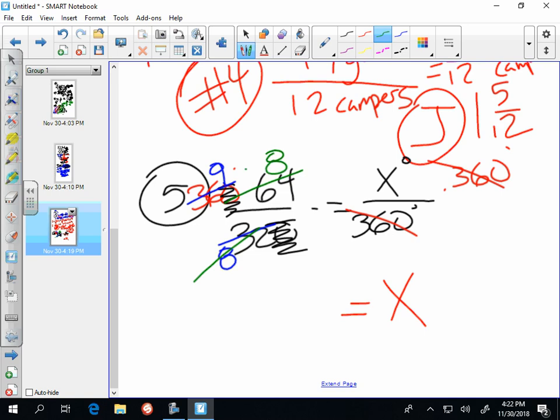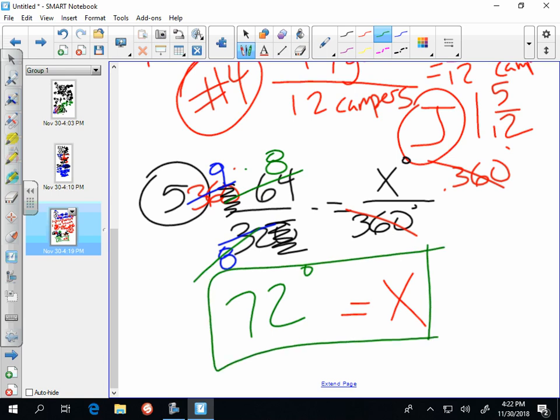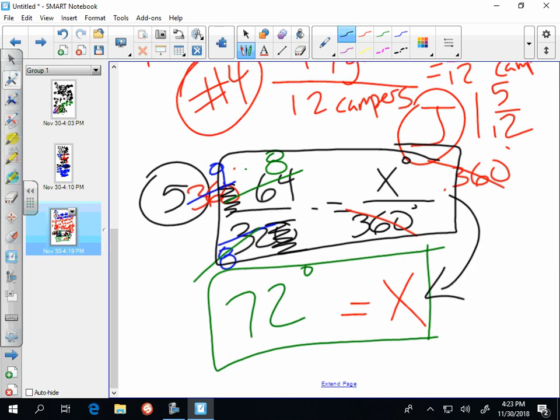And so I'm left with 9 times 8, or 72 degrees, is how many degrees I should have on my circle chart. My circle chart starts with this proportion and solves like an Algebra 1 proportion problem to become x equals 72 degrees. 72 degrees corresponds with choice D for number 5.